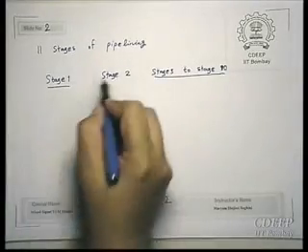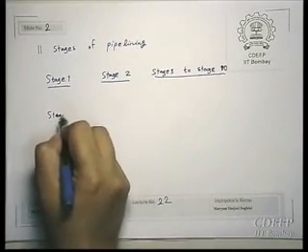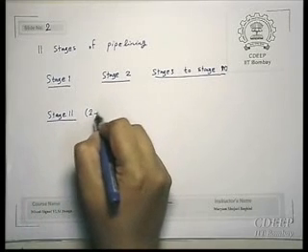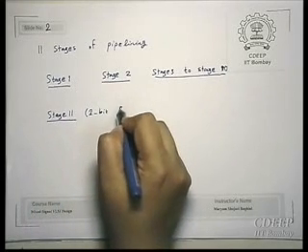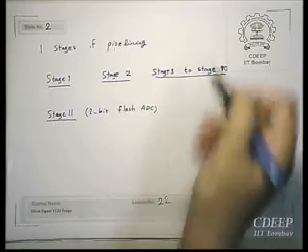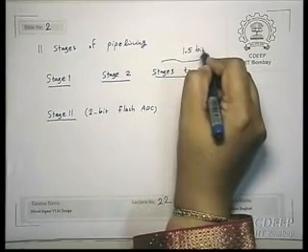So in this way we separate them. And then finally stage 11, which is just a simple 2-bit flash ADC. All these stages are 1.5 bit per stage.